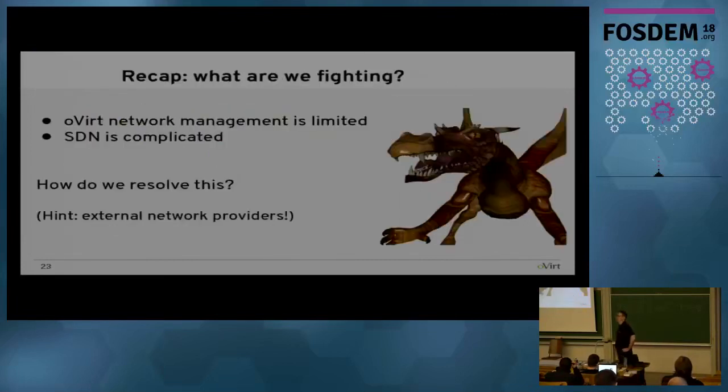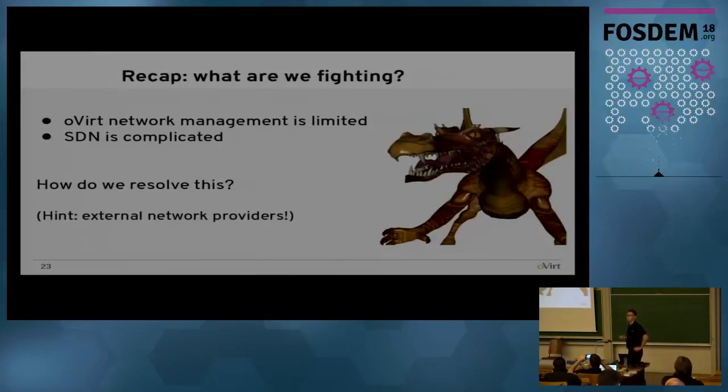Okay, so let's recap what we know so far. One fact is that oVirt network management is limited. The second one is software-defined networking is not that easy. OpenStack Neutron is heavy and complicated.